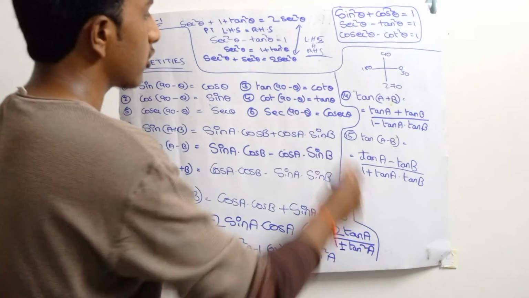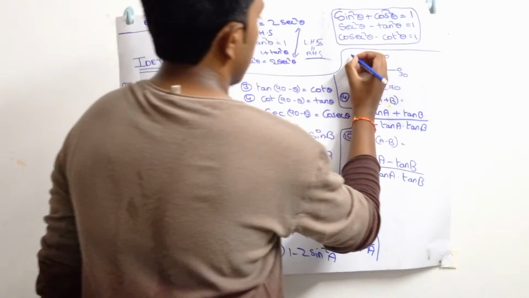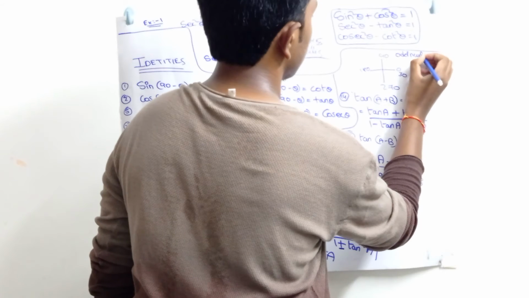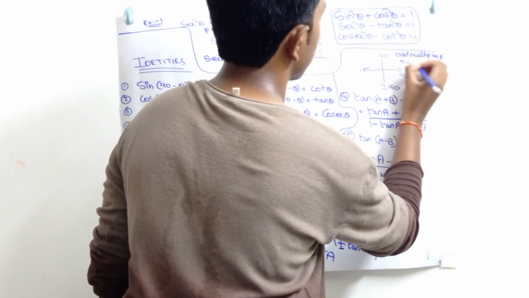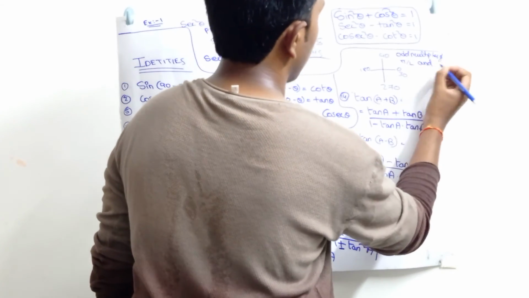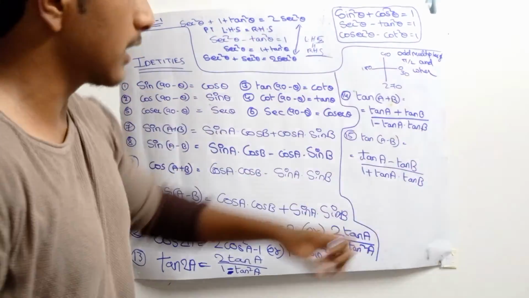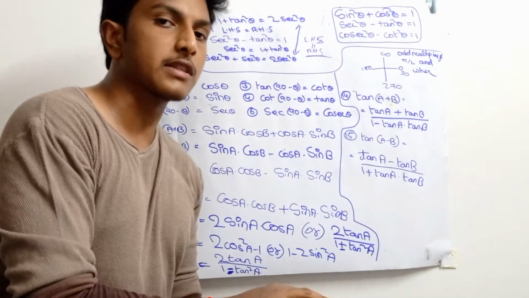And there is a small topic to explain this. There is a new topic which I have to say, like odd multiples of pi by 2, and where to use the sign, when the sign will be considered positive and when it will be considered negative.